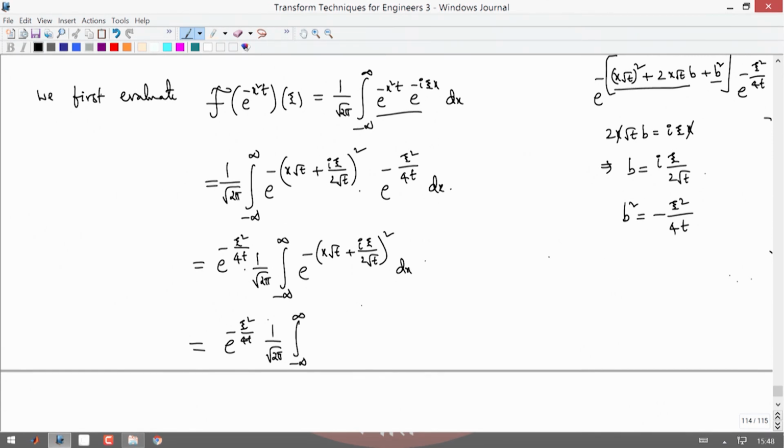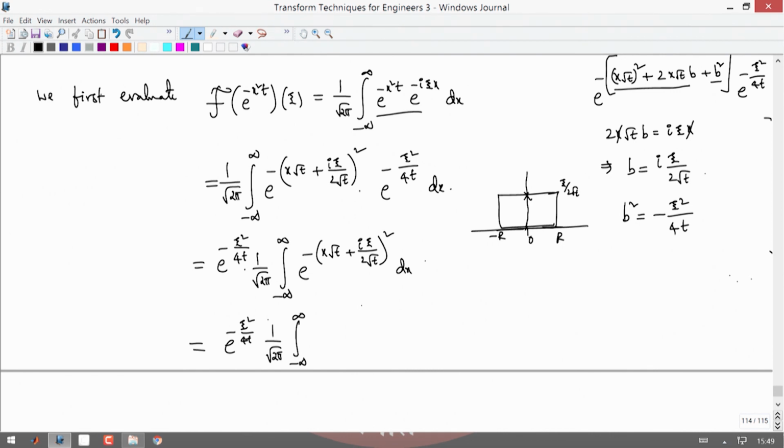As we have seen earlier, if you consider this contour, this is your x axis and this is your y axis, okay. This is your x axis and you have 0 here, minus r to r, and this is going to be xi by 2 root t. This is a constant, that is the point here.